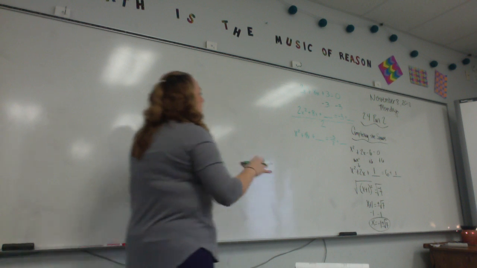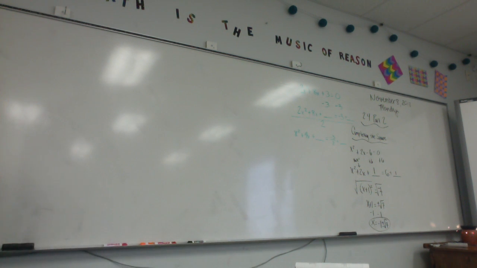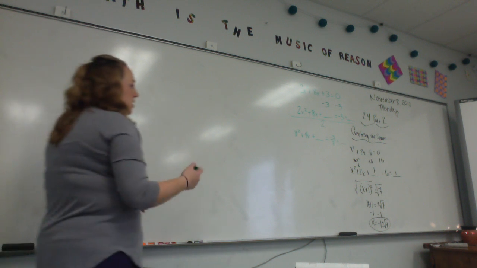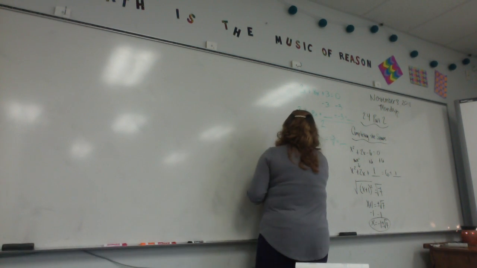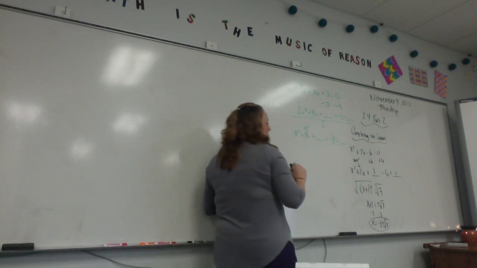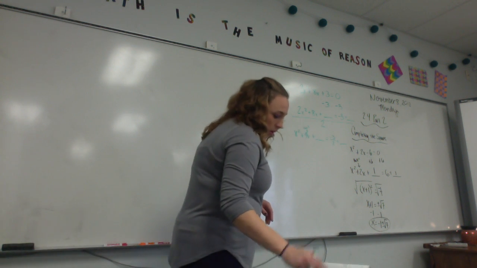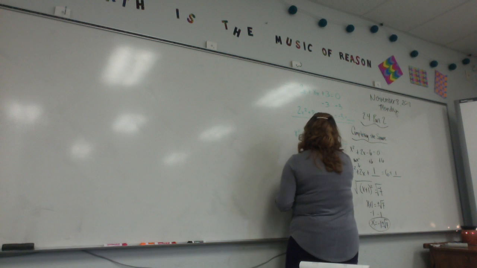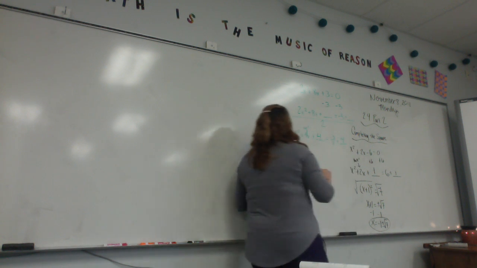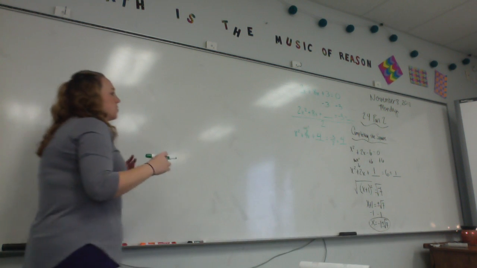I know that gives me a fraction, but that's as best as I can do right now. Now I'm going to take half of this portion here and square it. What's half of 4? And what's 2 squared? 4. So I put a 4 here, and I put a 4 here. Now I have a perfect square trinomial.